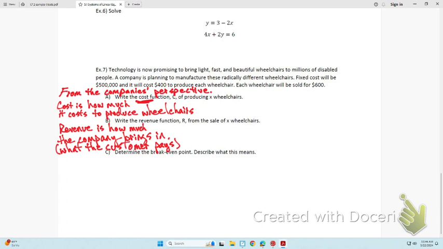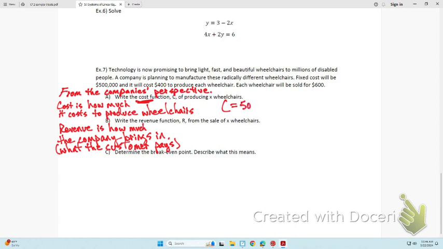Terminology on this one is killer. You could understand this scenario perfectly, but get A and B wrong. Many students will get part C correct, but then they'll totally mess up A and B. So A is asking for the function cost, what the company is out of pocket getting this company started.